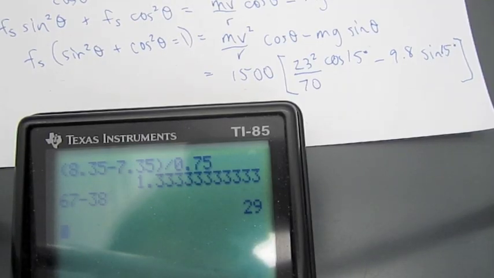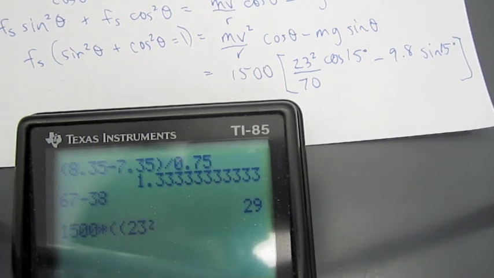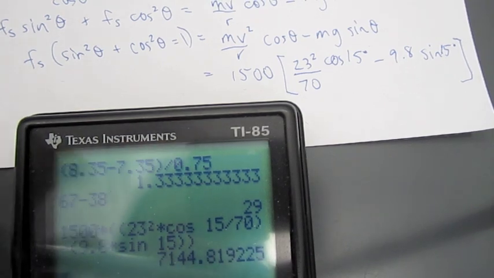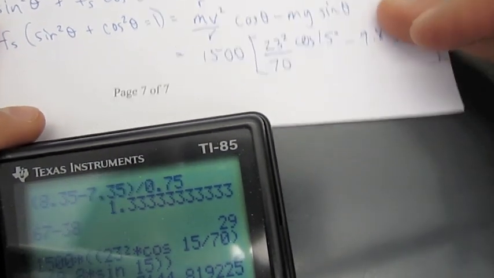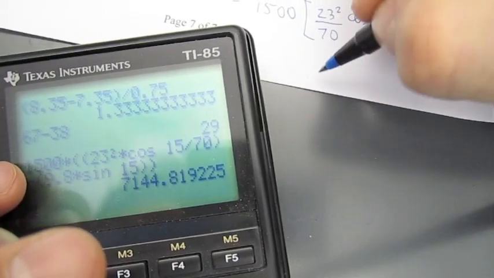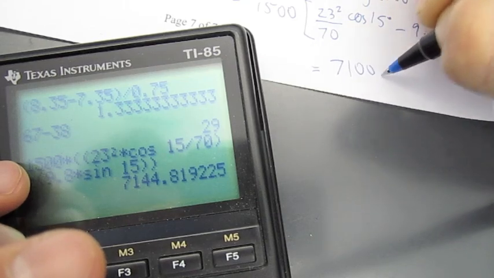So that looks like 1,500 times, open bracket, 23 squared times cosine of 15, I've got it in degrees mode, divided by 70, then minus 9.8 times sine of 15 degrees, close bracket, and I get 7144. So about 7100 newtons.